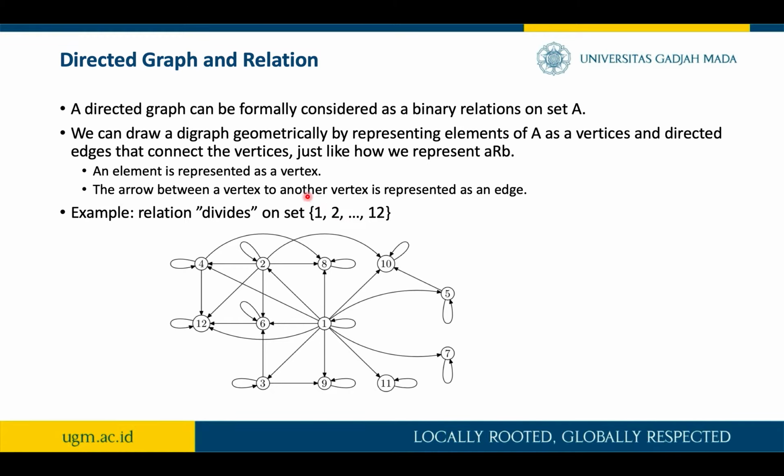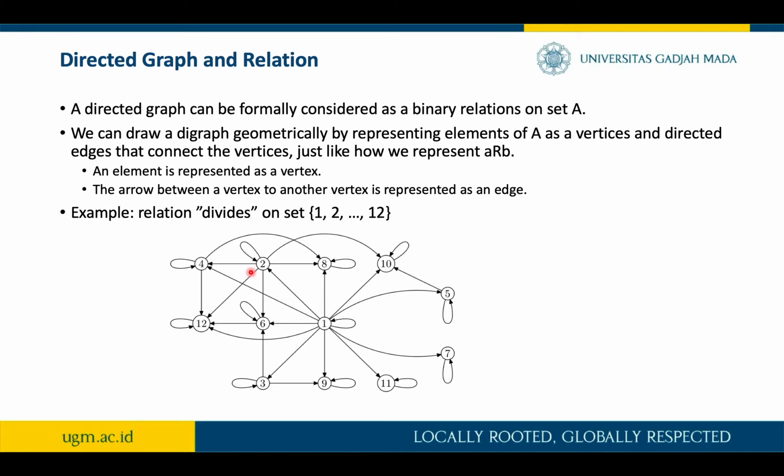So we can draw a digraph geometrically by representing elements of A as vertices and directed edges that connect the vertices, just like how we represent a R b. It means that a is related to b. So an element here is represented as a vertex, and the arrow or arc from one vertex to another vertex is represented as an edge.